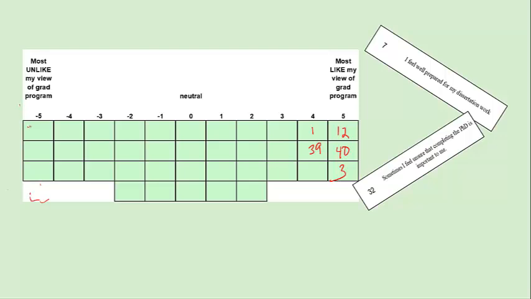So maybe this one is 16, and this one is 22. And this one's 5, and then they just keep going inward while they put these statements in, and then they finally do the neutral. And then you have these numbers. Every box gets a number. Every number is used only once. You can tell I did a lot of these face-to-face using paper.